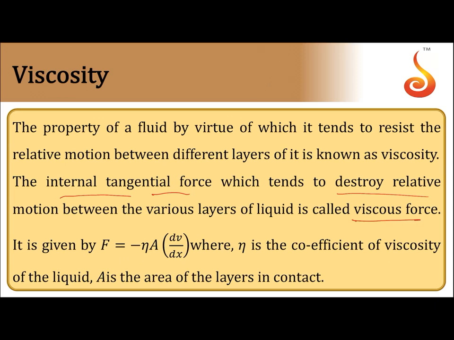This force we call viscous force or viscous drag. It is given by F is equal to minus eta A dV by dx. The negative sign says that the force is opposite to the direction of velocity, where A is the area of the layers, dV by dx is called the velocity gradient, and eta is called the coefficient of viscosity.